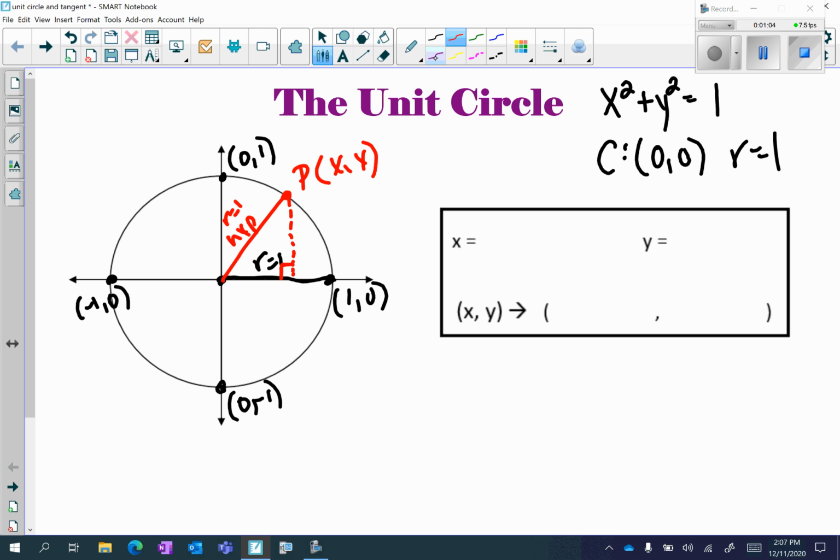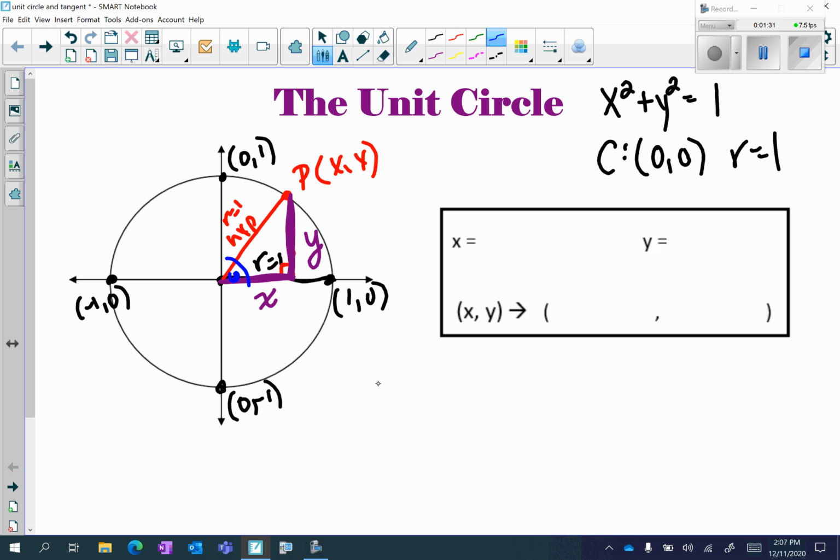This distance here is my x distance. And this distance here is my y distance. So one leg of the triangle is x, one leg of the triangle is y, and your hypotenuse is 1. My angle is always at the origin.